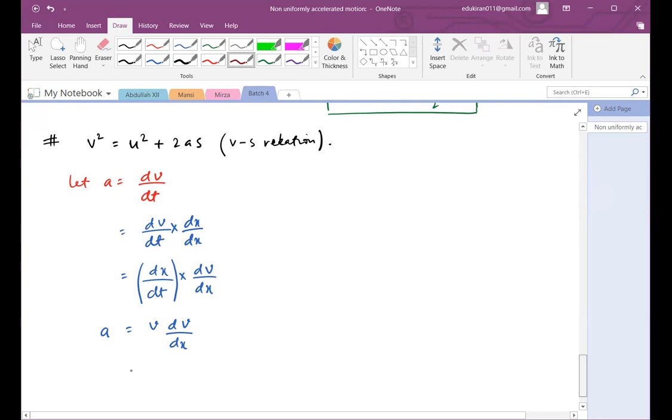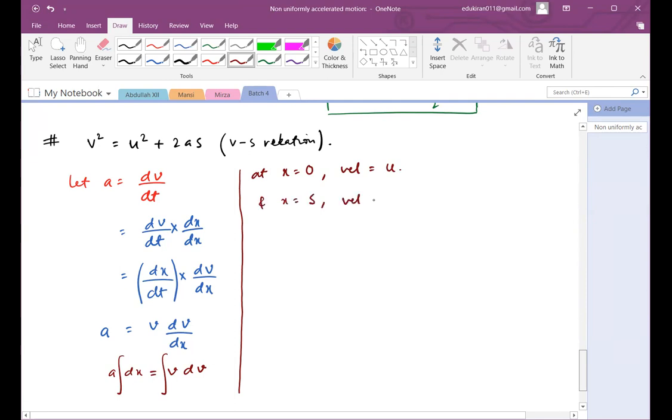Now, in this part, if you rearrange it, you will get a times dx is equals to v times dv. Now, integrate both sides. Next, we have to take limits for this integration. Let's say at displacement 0, the body will have some initial velocity u, and at some displacement s, it will attain some final velocity v.